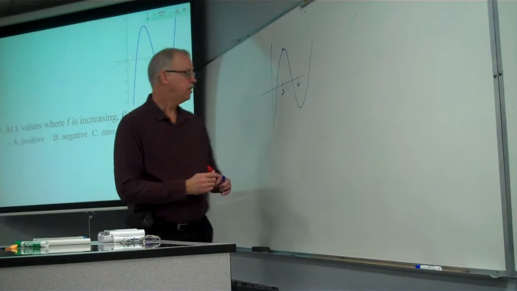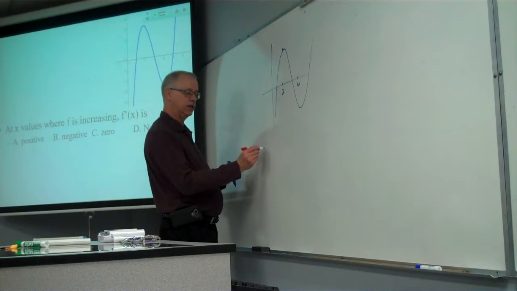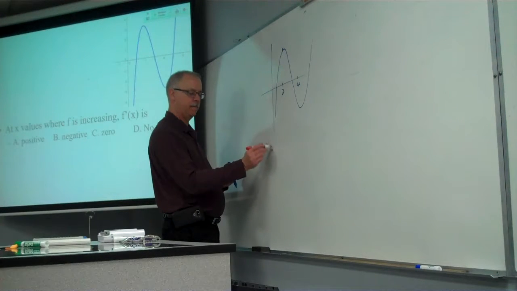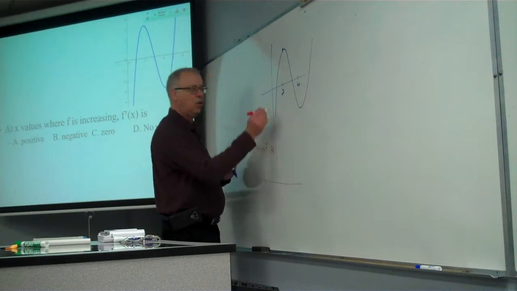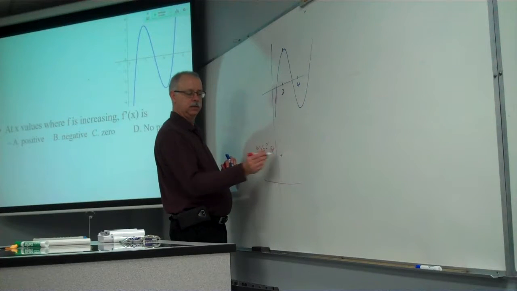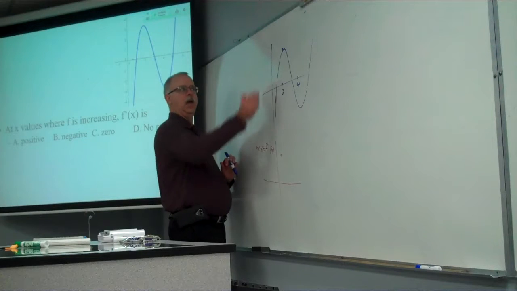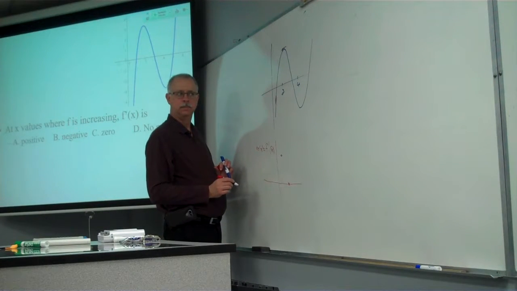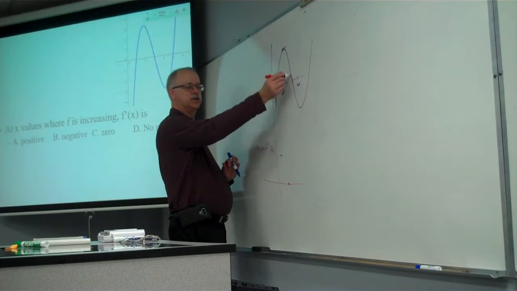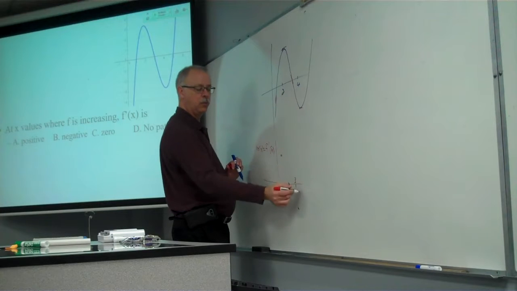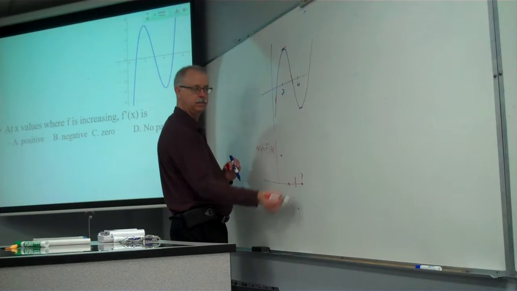And in terms of the derivative then, or the slope function, we commented here at 1 the slope was positive. By the time we get to 2, the slope is 0. At 3, the slope was negative. At 4, the slope was 0.